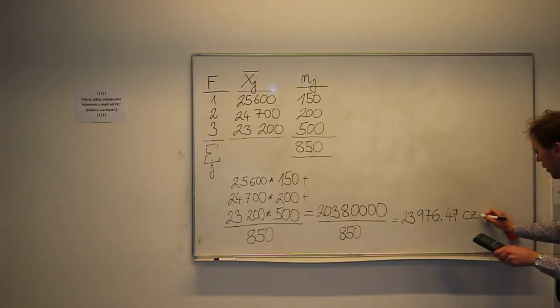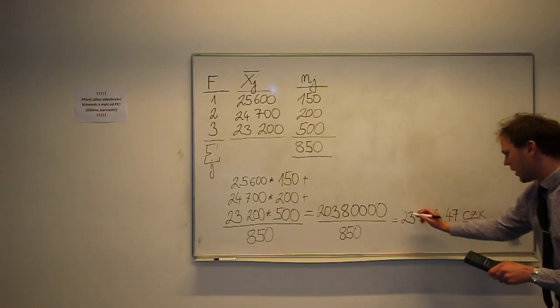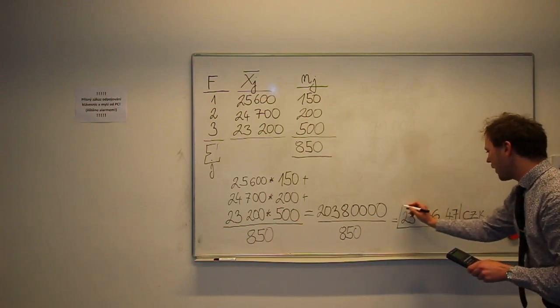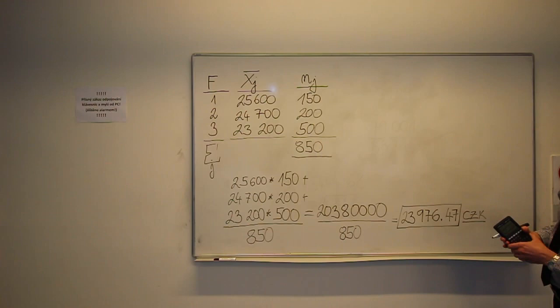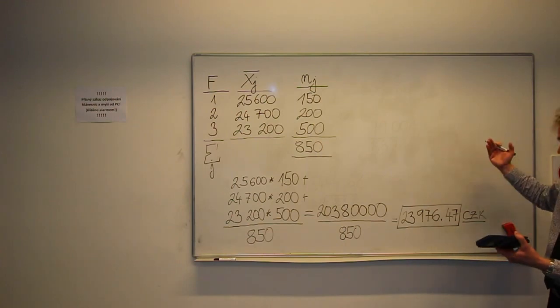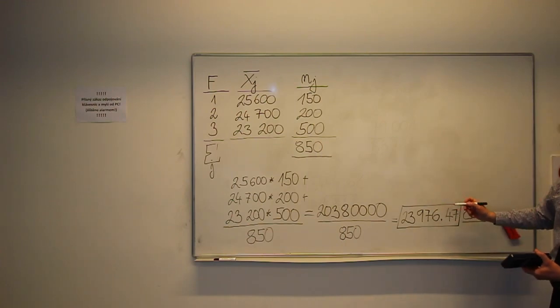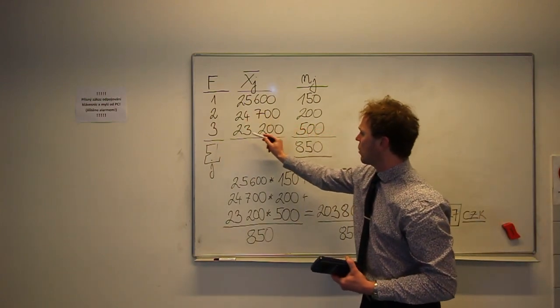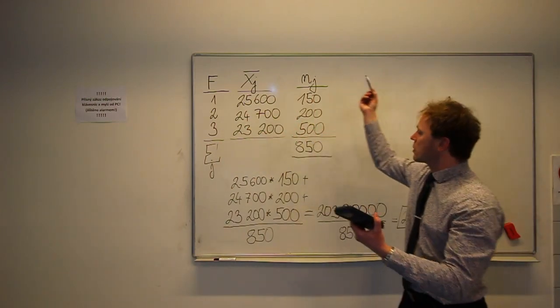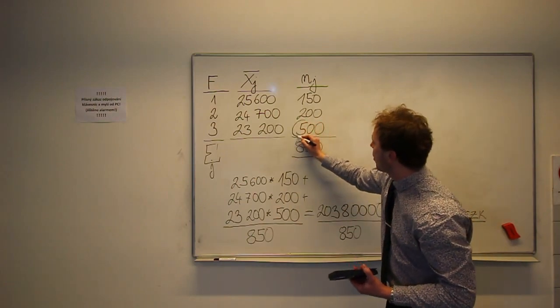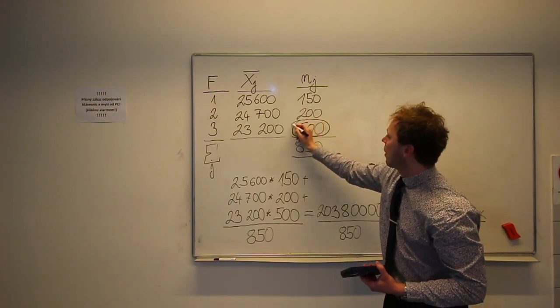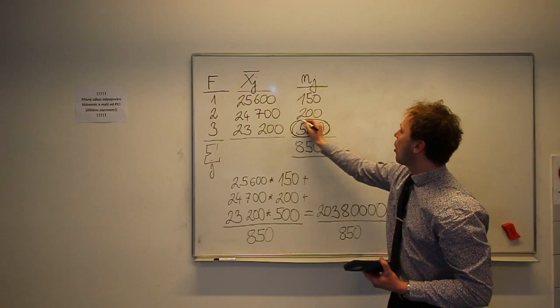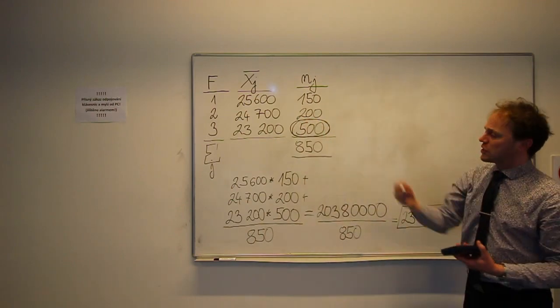This equals 23,976.47 Czech crowns. This is the weighted mean, the weighted average, and you can see that this mean is between this value and this value, because we have the largest number of employees in the third firm.